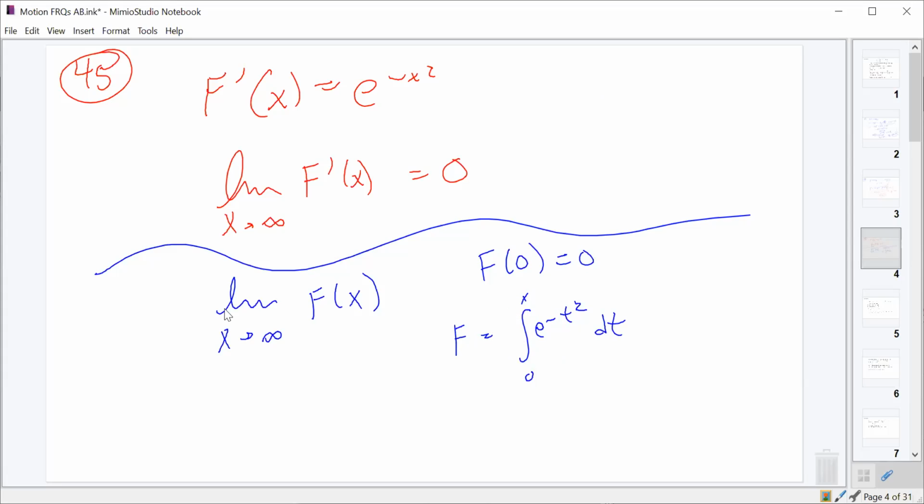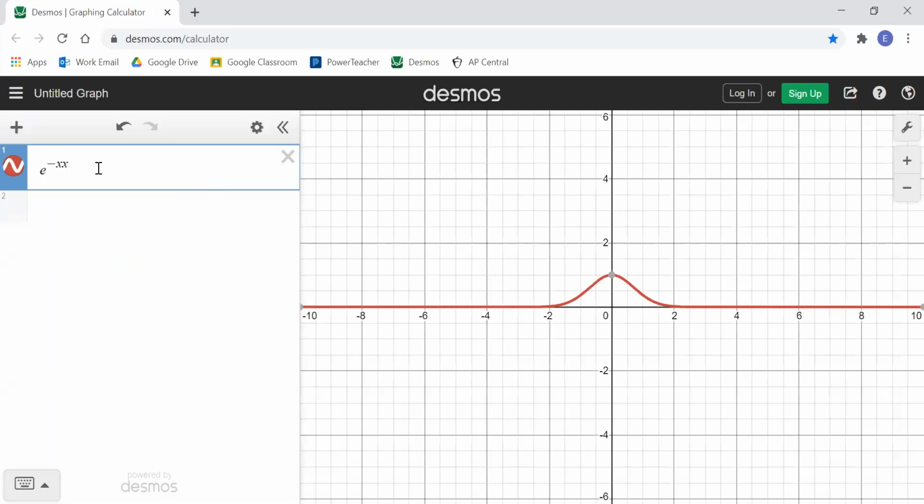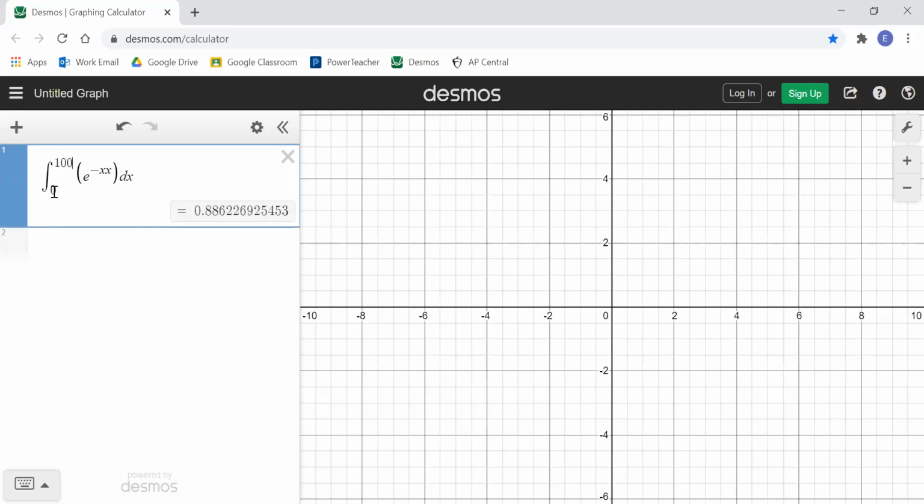I can just do that here in Desmos. So if we go from 0 to, I don't know, 100, you'd get 0.886. And so that's the limit as x approaches infinity of F of x, which is the value that they gave.